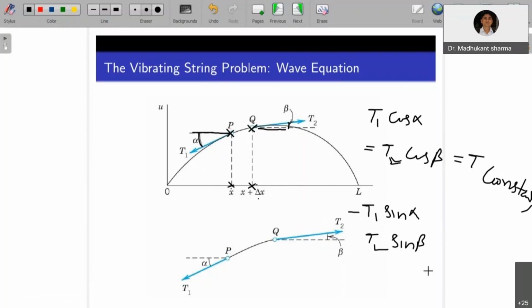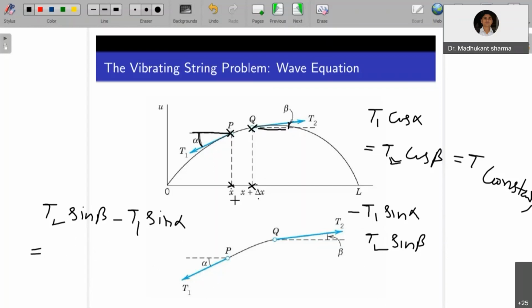Now, Newton's second law says that the total force, T2 sin beta minus T1 sin alpha, is going to be mass into acceleration, right?